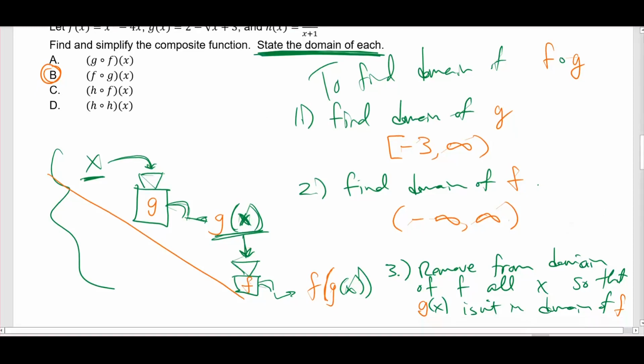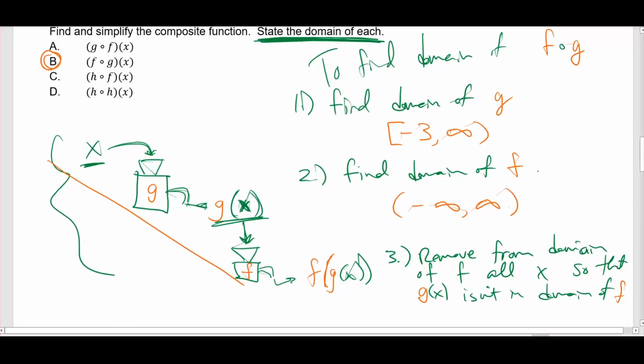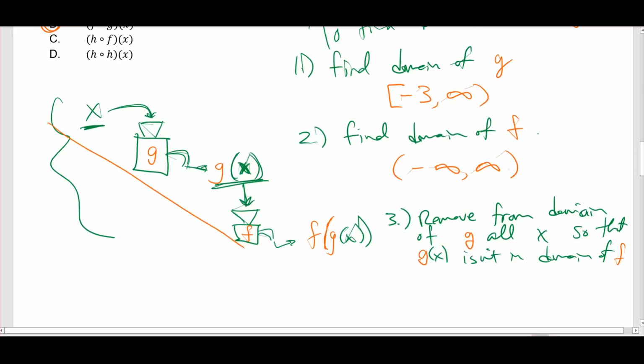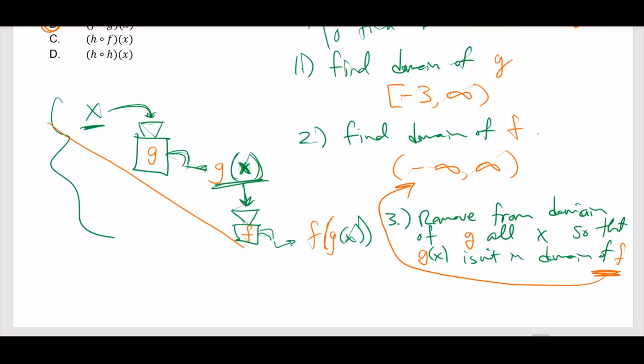So then we want to remove from the domain of the one we started with, remove from the domain of g, so what we start with, any value of x so that the function value from g is not in the domain of f. So in this step, we would say, oh, wait a minute, the function f has domain all the real numbers, so there aren't going to be any further restrictions.